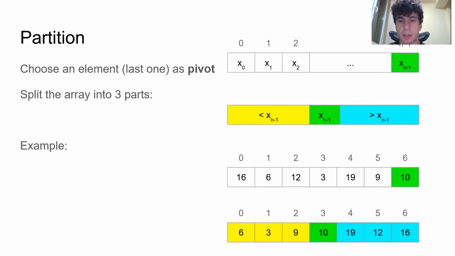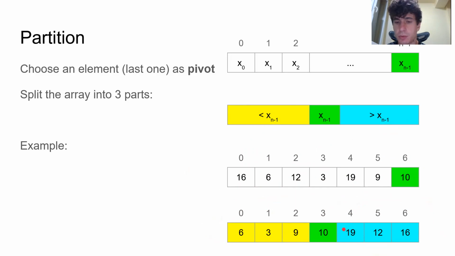Let's take an example. So let's say we have this array. We have small and big numbers, and what we want to get is that this last element is put somewhere in the middle, and to the left we have smaller numbers, and to the right we have bigger numbers.